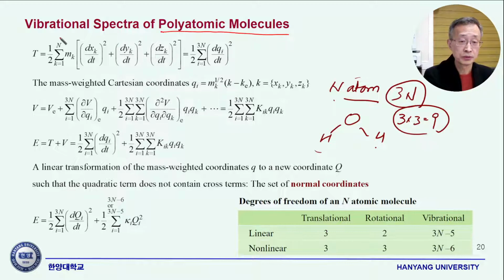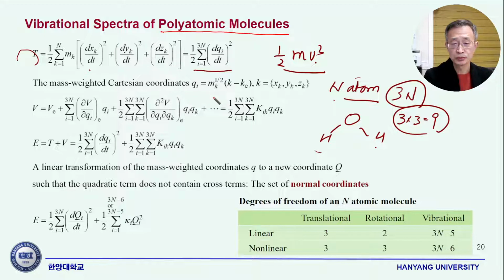And so this is the total kinetic energy term, 1/2 mv squared, with vx, vy, vz. And this Q is a mass-weighted Cartesian coordinate.